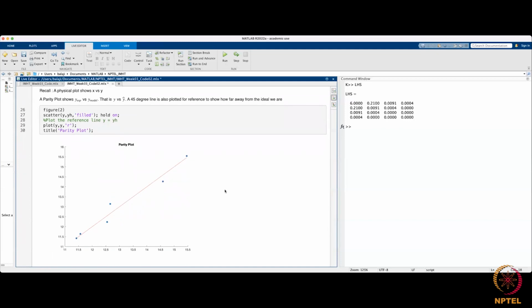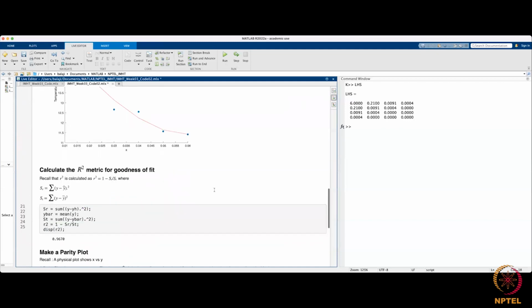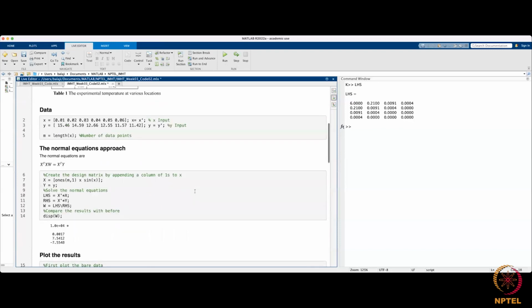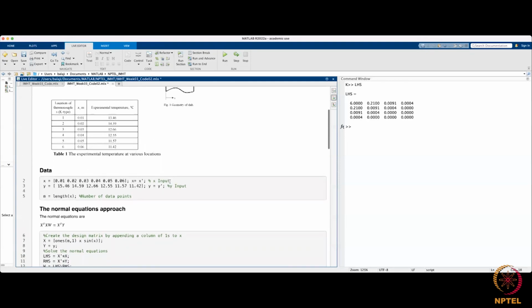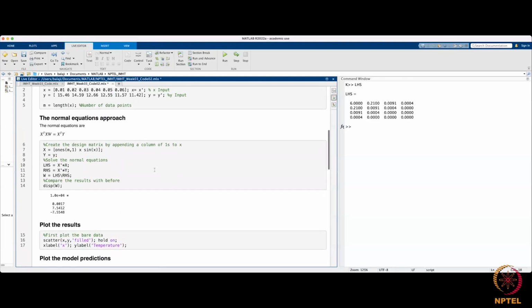Now, a couple of things I want to emphasize here is that the normal equations approach is easily generalizable. So if you are doing assignments, I would recommend that you write a normal equation approach, or at least you can copy the code that I have, and you can do several assignments using this. The second thing is, notice that it is irrelevant what we put in the model here.